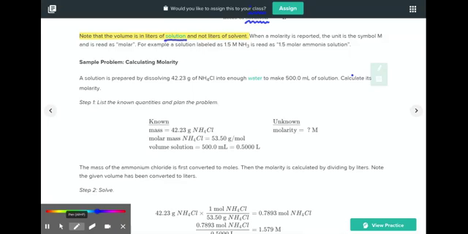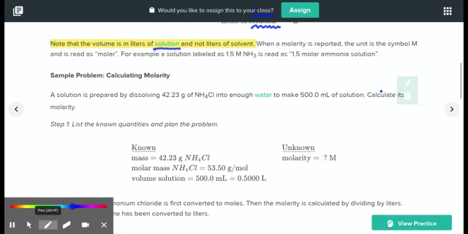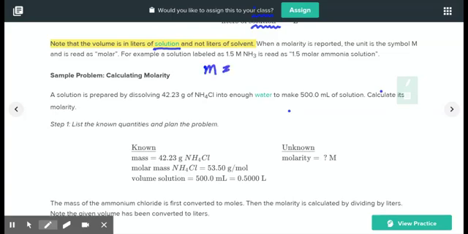Every time you have a question, you have to write down your given first. The mass of ammonium chloride is 42.23 gram.